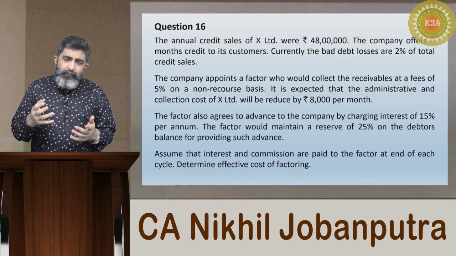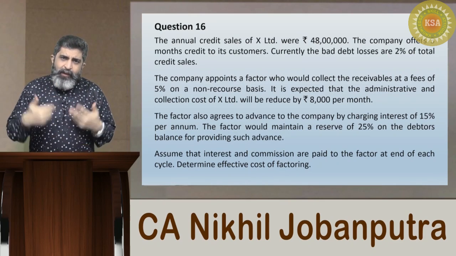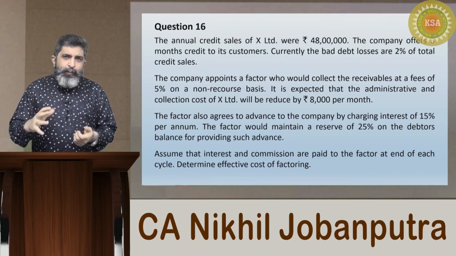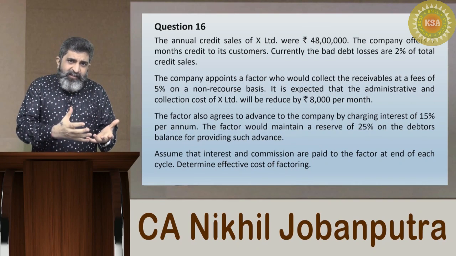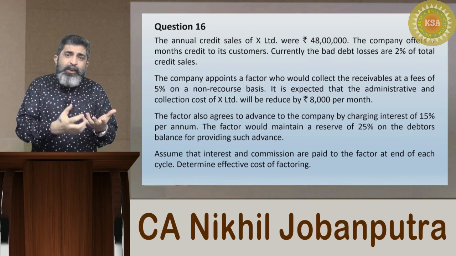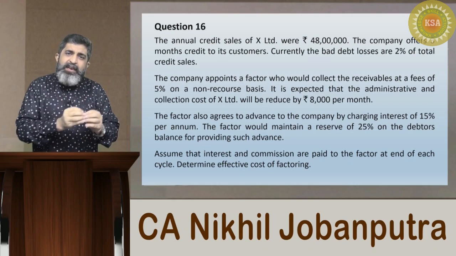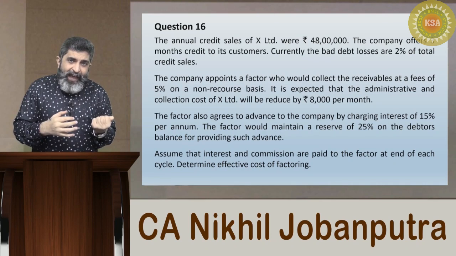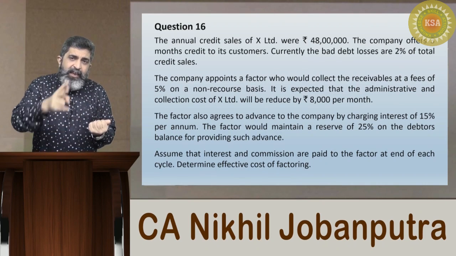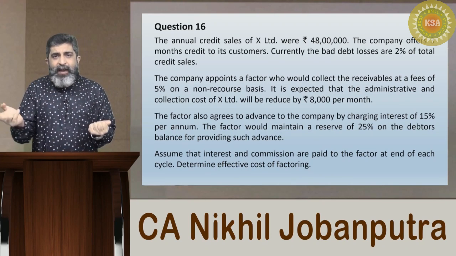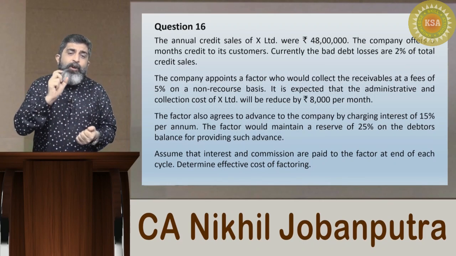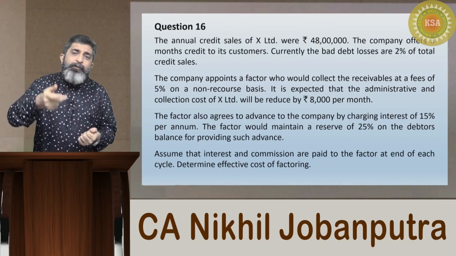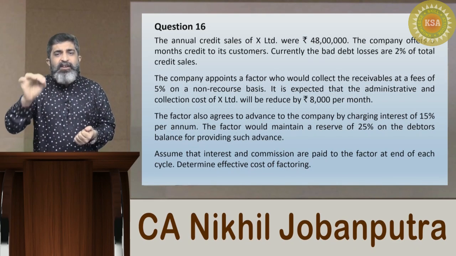Now, the factor is also willing to give you an advance by maintaining a 25% reserve. So basically, all our receivables, all our debtors, the right to collect money from them has been given to the factor. The factor knows that it will receive 12 lakhs by the end of 3 months, but initially the factor is willing to give an advance to the company, and the amount of advance will be arrived at after deducting the 25% reserve.